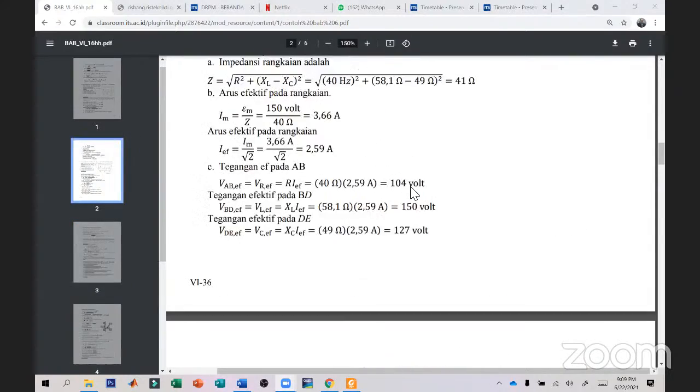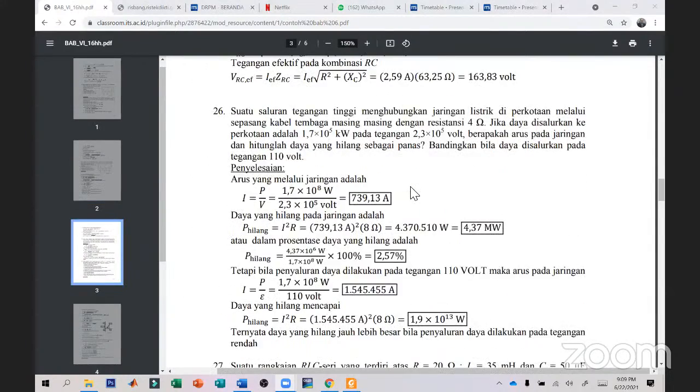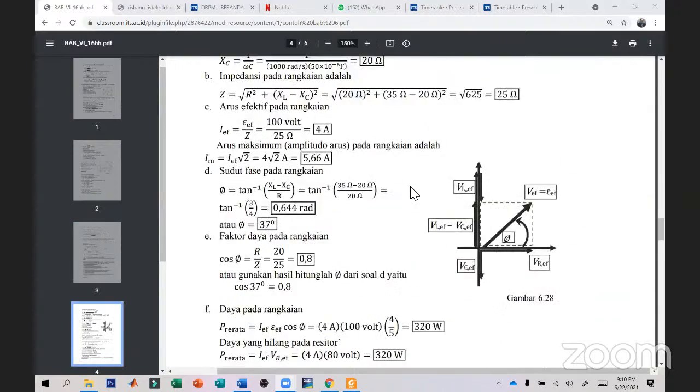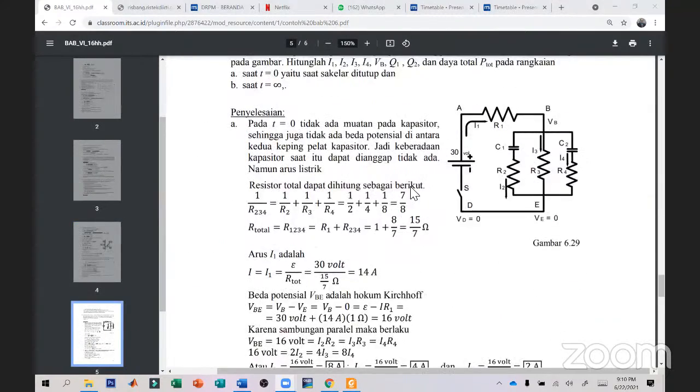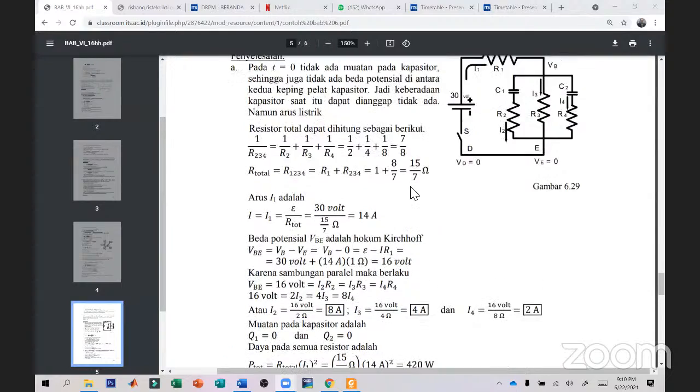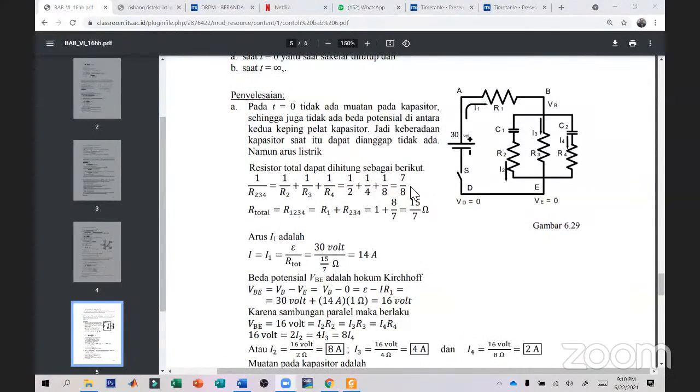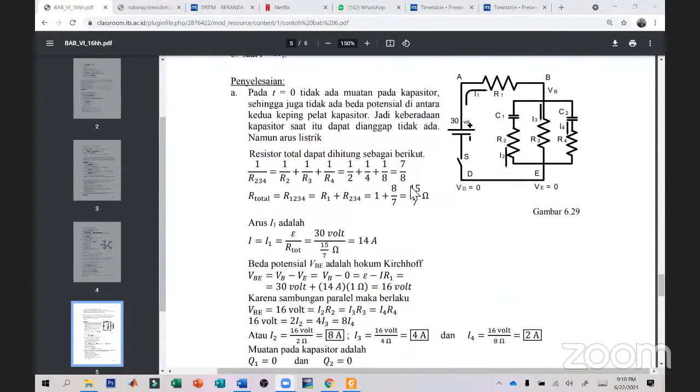Then in the test, chapter 5 and chapter 6 are quite easy in the test.